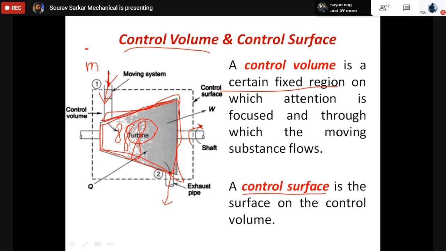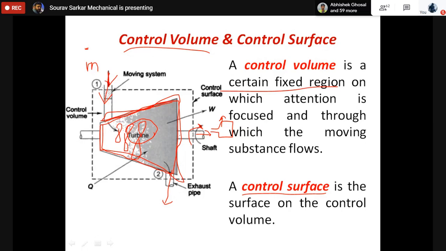What are you doing with this work? Rotational energy is basically a form of work. You can feed this rotation into a generator by simply putting a coil which will cause the flux cut, and due to this flux cut the electricity will be generated.